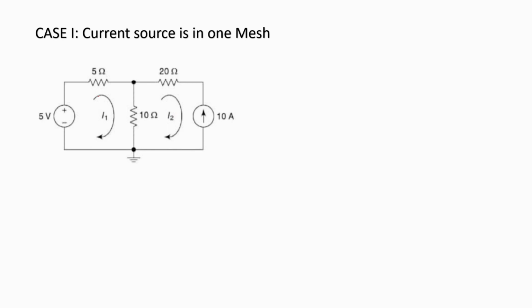Here, we consider the two loops with the two loop currents, but we know that the current I2 is nothing but 10 amps, which is the current coming out from the current source. So we already know the value of I2. Let's write that down: I2 is equal to 10 amps.